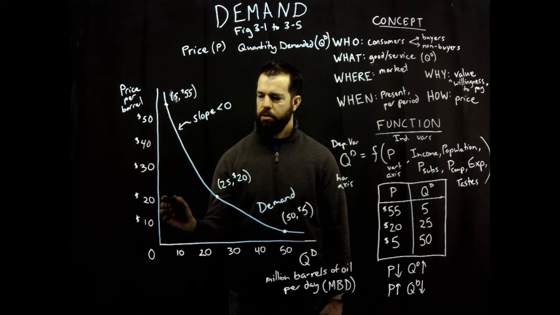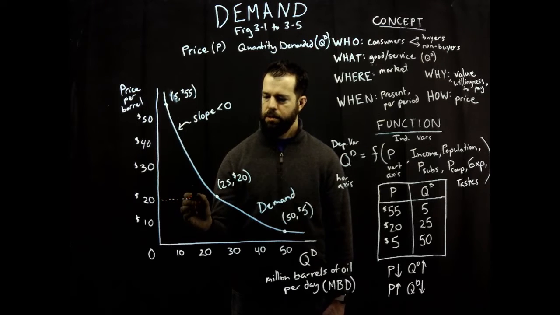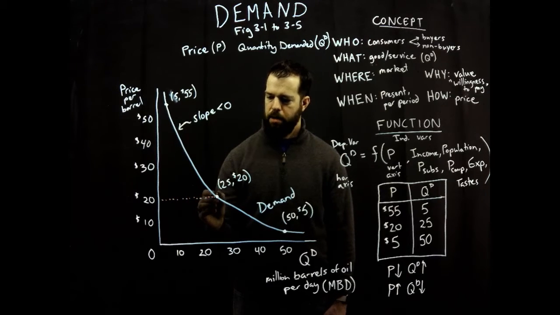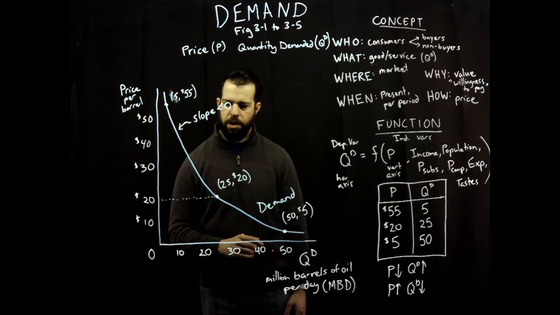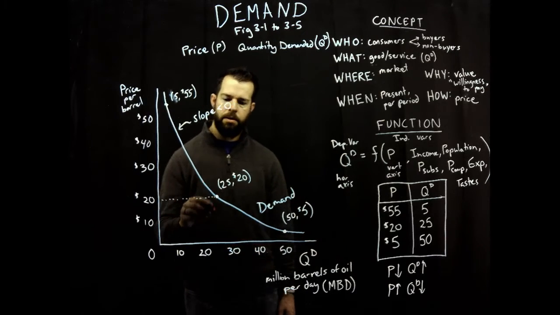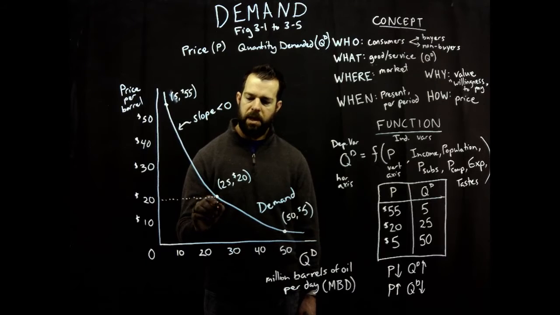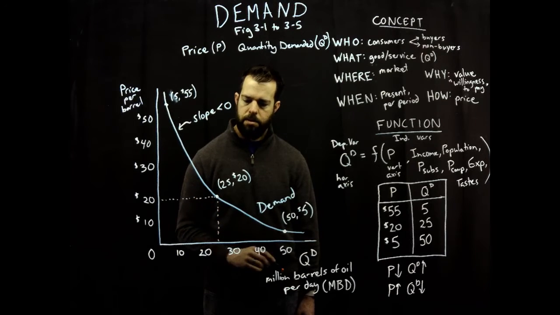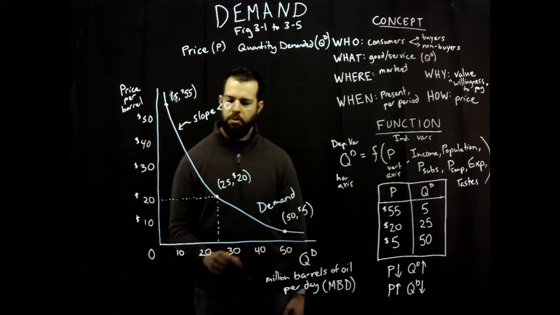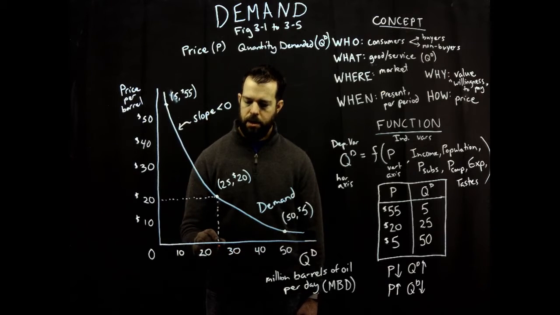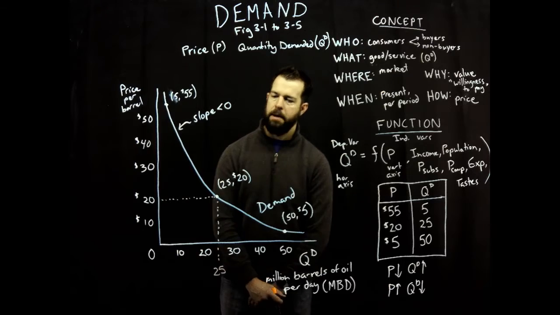And then I'm going to go horizontally and say at a price of $20 per barrel, then I'm going to go down. The most that I'm willing and able to pay is 25 million barrels of oil per day.